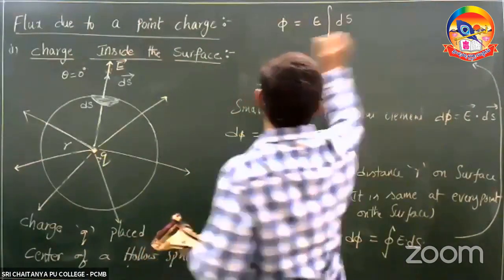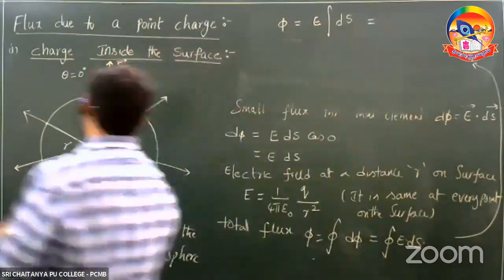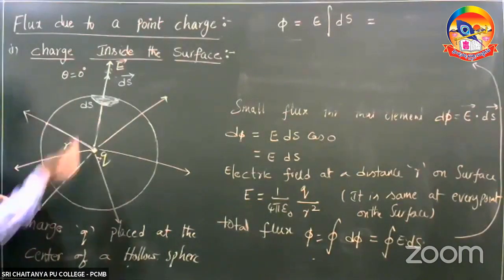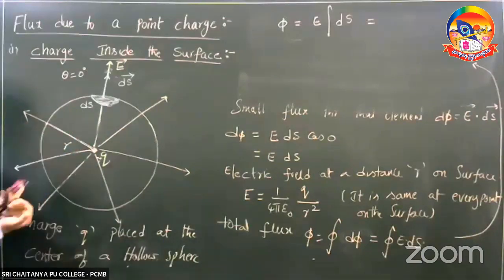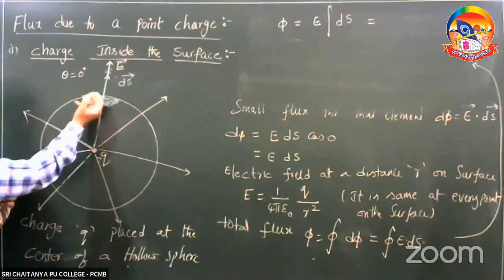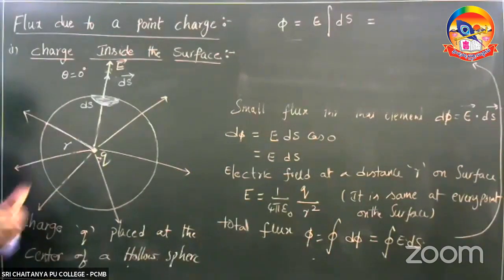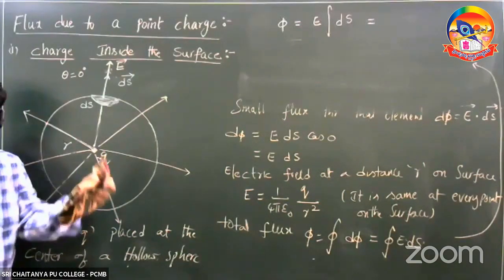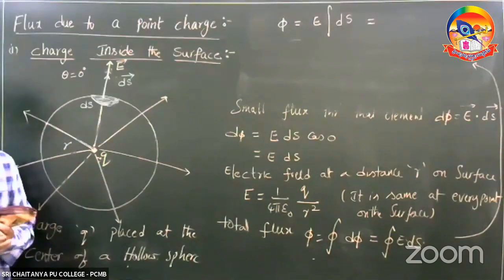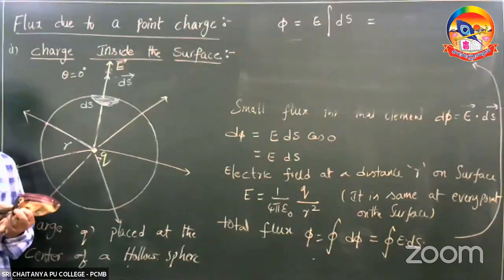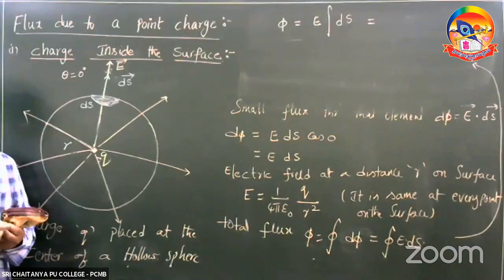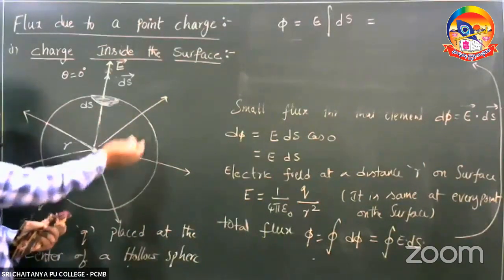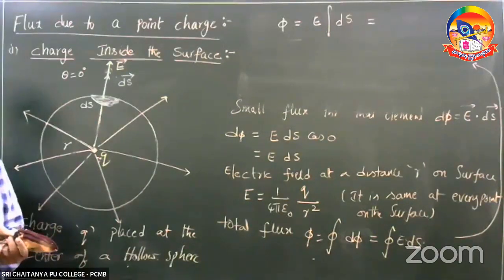What is the meaning of the integral of ds? ds is the small element. The integral of ds means adding all such ds elements, the sphere divided into ds. If I add all those ds, what does it give you? The surface area of this sphere, right? If we take the integral of ds, it gives the surface area of that particular sphere.